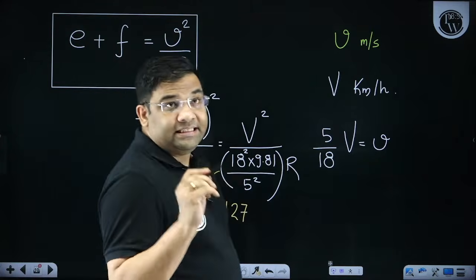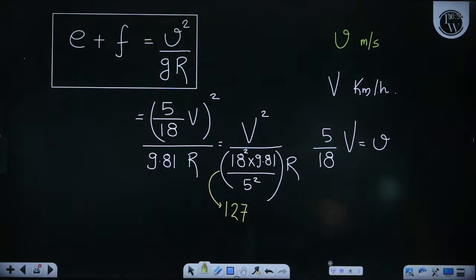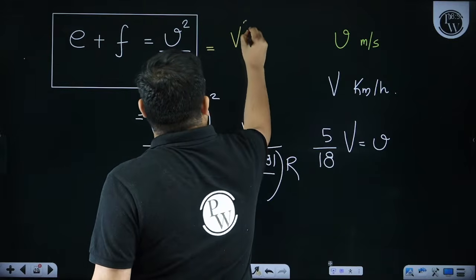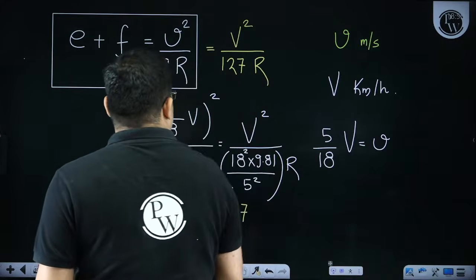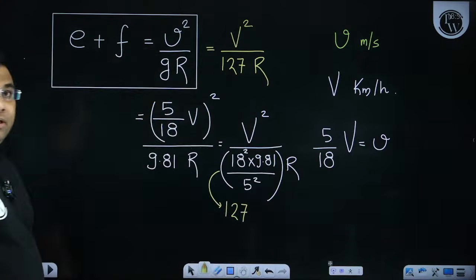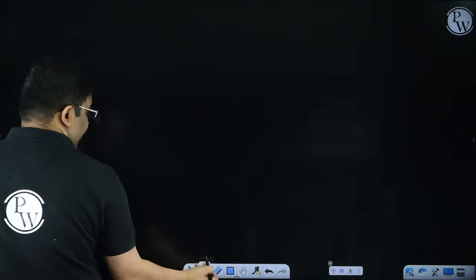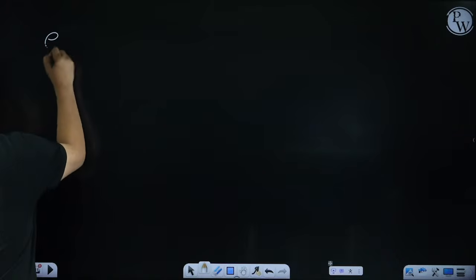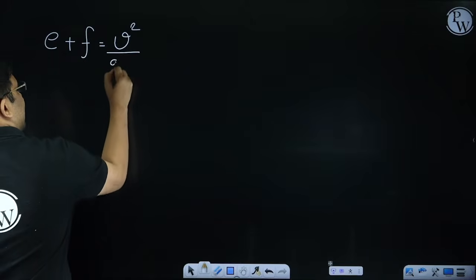So IRC 73, which is the code for geometric design of roads, changes this equation to V square by 127R. If you are seeing the theoretical equation of super elevation, we get E plus F is equal to V square by gR.